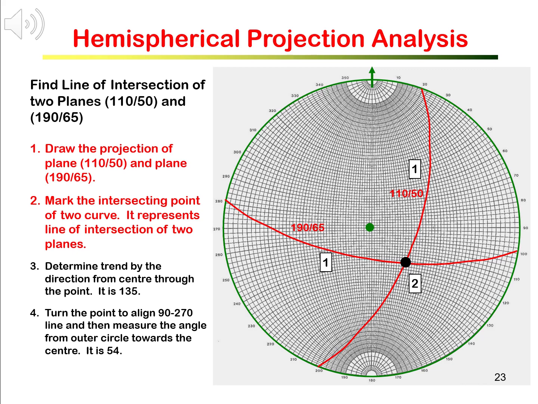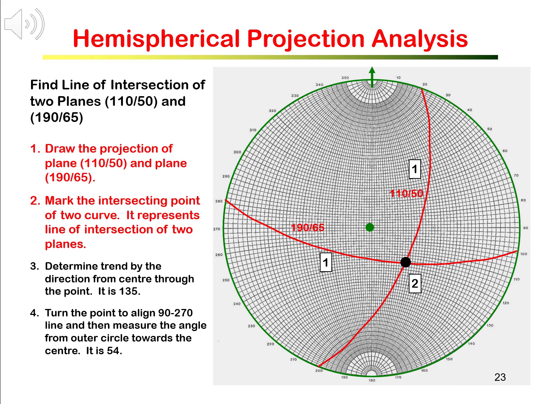By looking at the location of the intersecting point on the drawing, we can visualize in our mind that the line is plunging to the southeast around 140 with a rather steep angle since it is closer to the center.